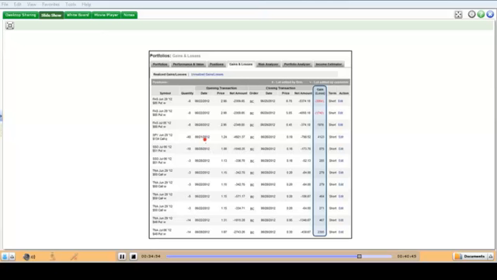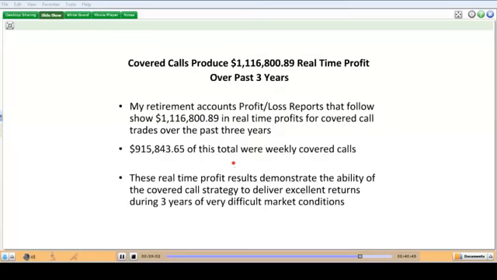So now let's look at my brokerage statements over the past 3 years, showing $1,116,000 in actual profits. Of that $1,116,000, $915,000, most of it, was from trading weekly covered calls. If you go back 3 years, they didn't have weekly covered calls, so I was trading the monthlies.